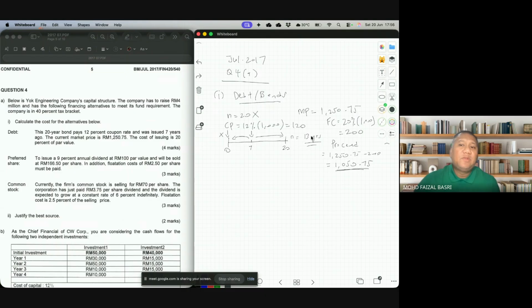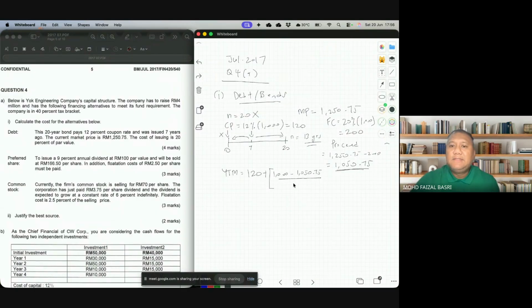The CP is 120. So now we calculate the YTM first, the yield to maturity. So the coupon payment is 120. Okay, the proceeds, the par value is 1,000. And the proceed is 1,050.75.